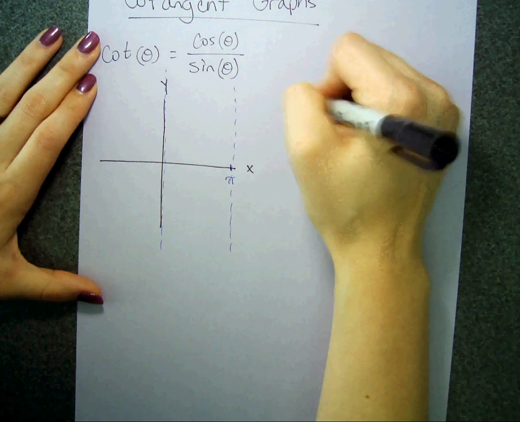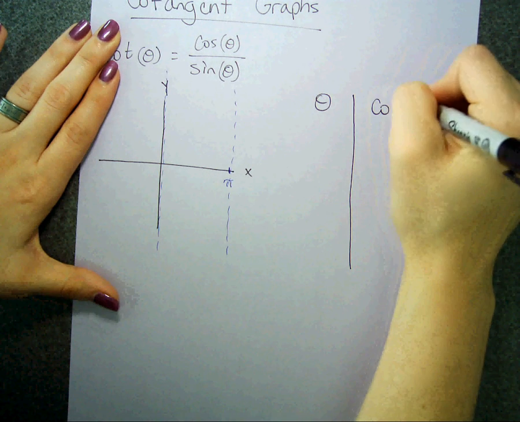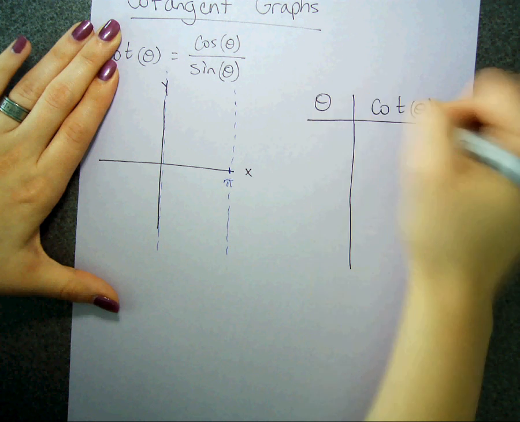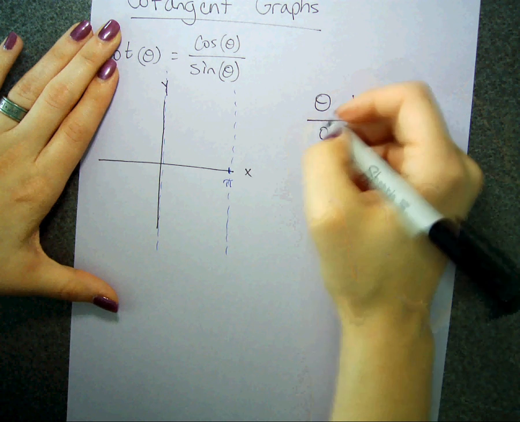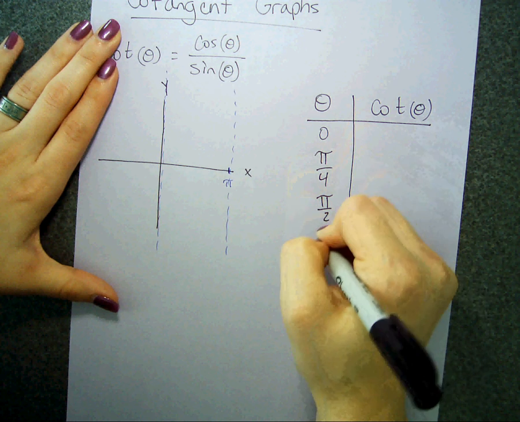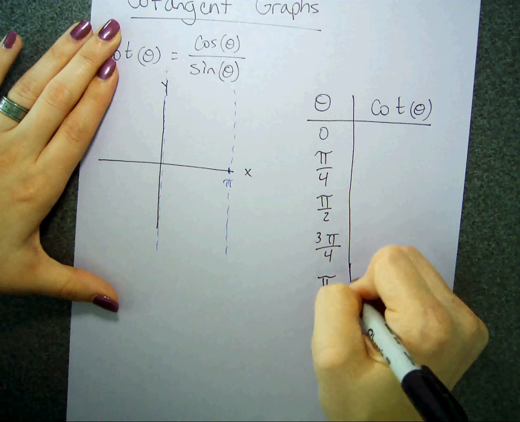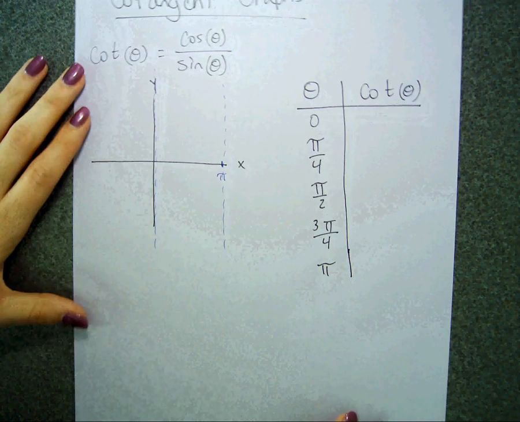So let's put my values up here. Here's theta. Here's cotan of theta. And we're going to have 0, pi over 4, pi over 2, 3 pi over 4, and pi. So again, I want to still have my 5 values.